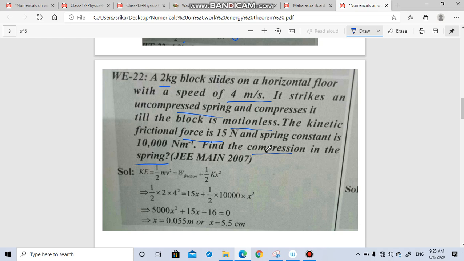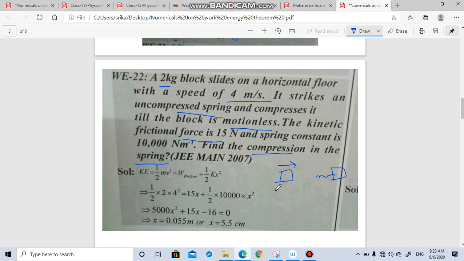In the rear side of the second car, there is a big spring, and the first car is coming from left to right. There is one car here, another car here, and a big spring here, and this car is coming and hitting this car.